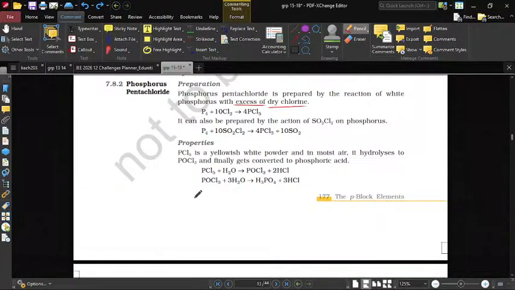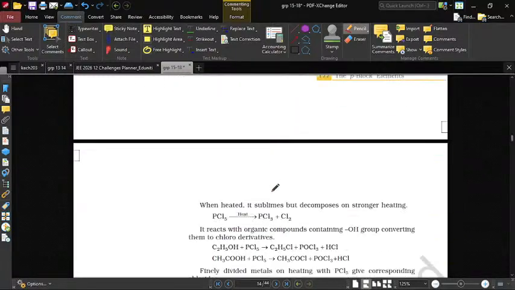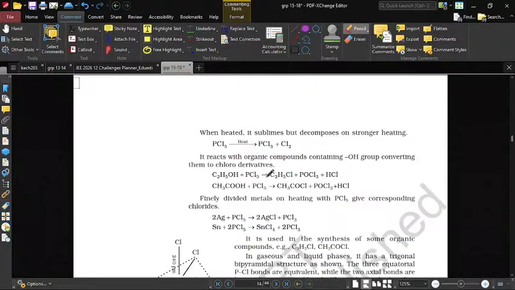Properties: PCl5 is a yellowish white powder and in moist air it hydrolyzes to give POCl3 and finally it gets converted into phosphoric acid. When heated it sublimes but decomposes on stronger heating. First it sublimes, after that this is formed.